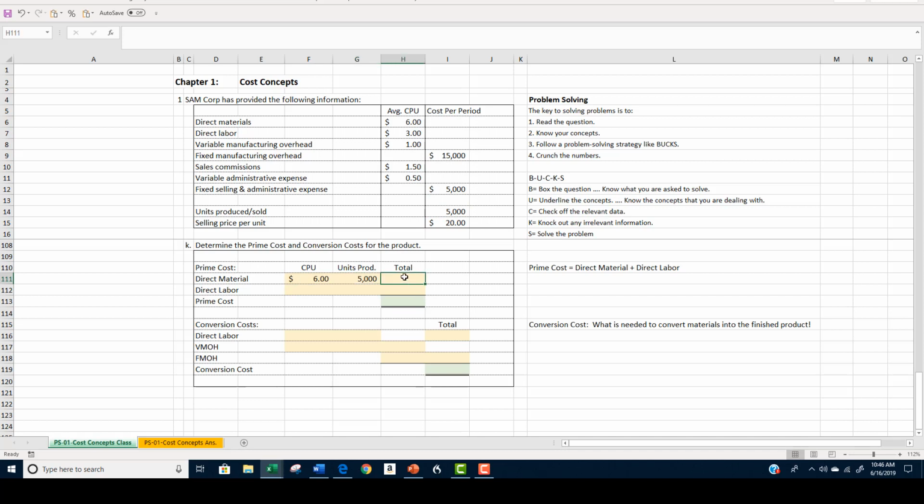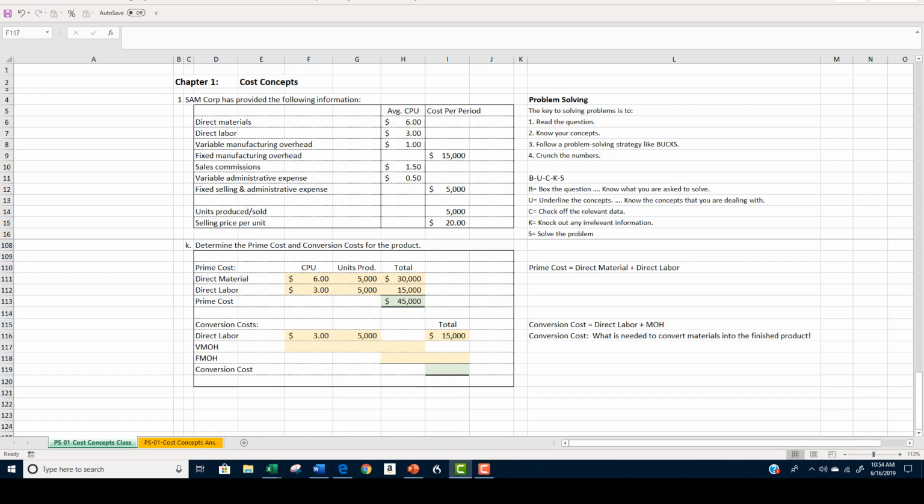Multiplied by 5,000 units produced gives us $30,000 for direct materials. The cost per unit for direct labor was $3. At 5,000 units produced gives us a total of $15,000 for direct labor. The total of direct material and direct labor is $45,000. So our prime cost is $45,000.